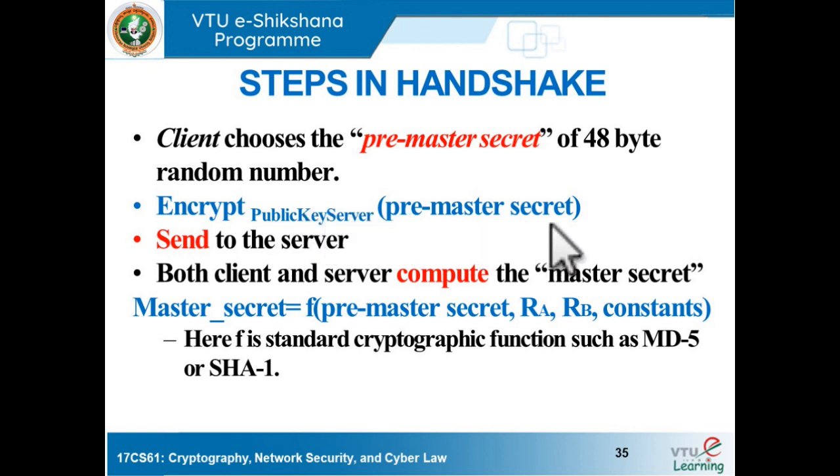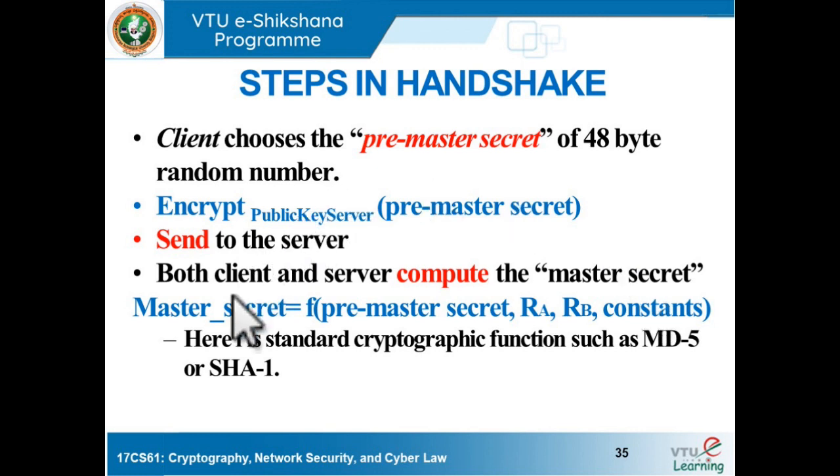Over here we can see it is encrypted using the public key of the server, and then after encryption, it is sent to the server. Now who is able to decrypt this key? Only the server, because the server can use its private key in order to decrypt and get the pre-master secret.